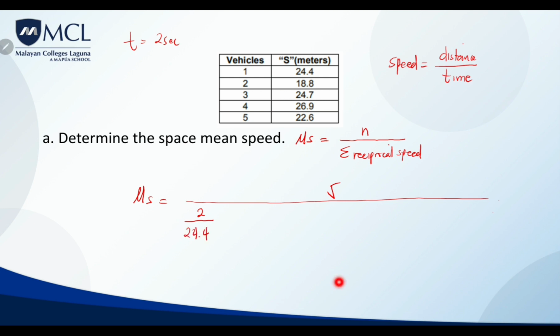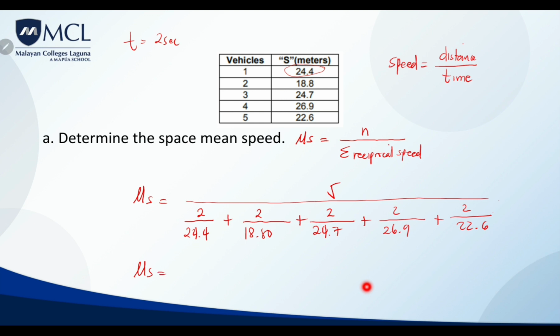So, for the first vehicle, the distance travel is 24.4 plus time over distance ng second vehicle plus time over distance ng third vehicle plus time over distance ng fourth vehicle plus time over distance ng fifth vehicle. And then that is your space mean speed.